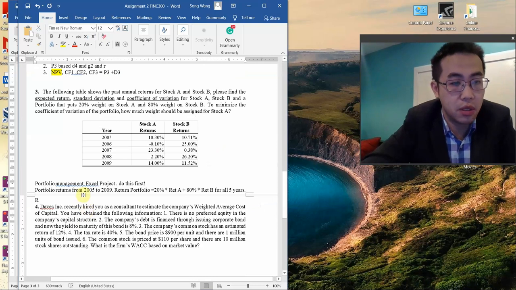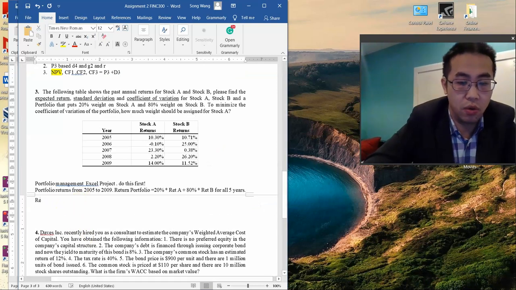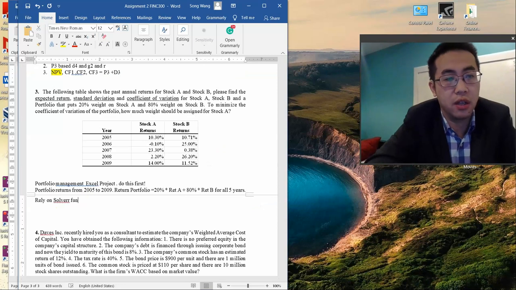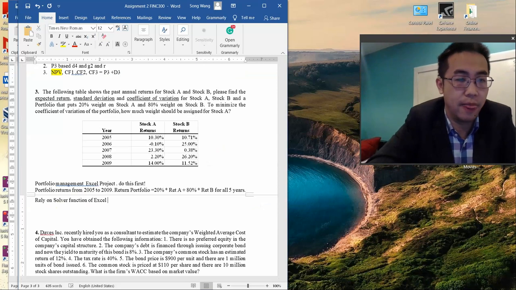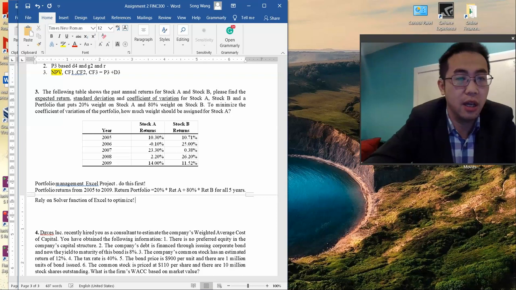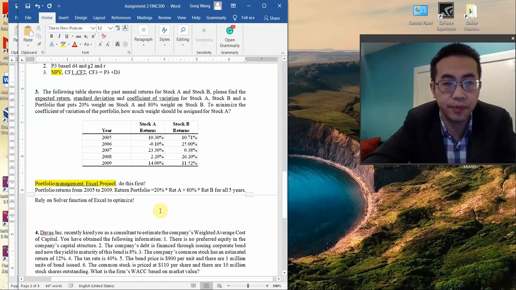You're going to rely on the Solver function of Excel to do the optimization problem. Once again, that requires you to finish that Excel project first. It tells you all the details to work with the Solver function of Excel.